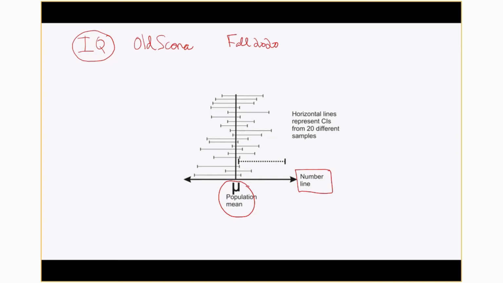So what we're going to do is we're going to take a sample from those records and we're going to calculate two numbers. And we can think of those two numbers as being the lower limit and an upper limit. So that represents a single 95% confidence interval that we're going to calculate.